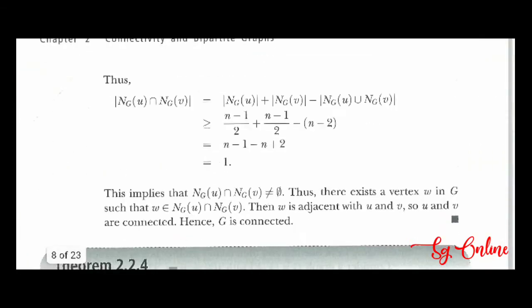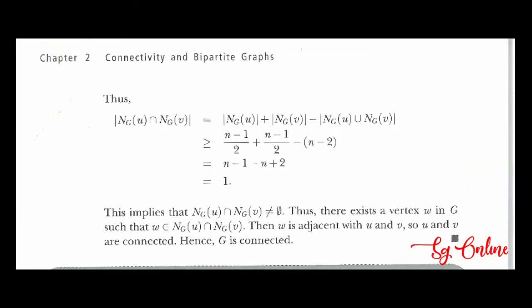So from this equation, each set has cardinality greater than or equal to (n minus 1) by 2, and the union has cardinality at most n minus 2, and that is with the minus sign. Therefore, if you just calculate this simple arithmetic, you get that the intersection is greater than or equal to 1, and that gives you that there must be a common neighbor of u and v.